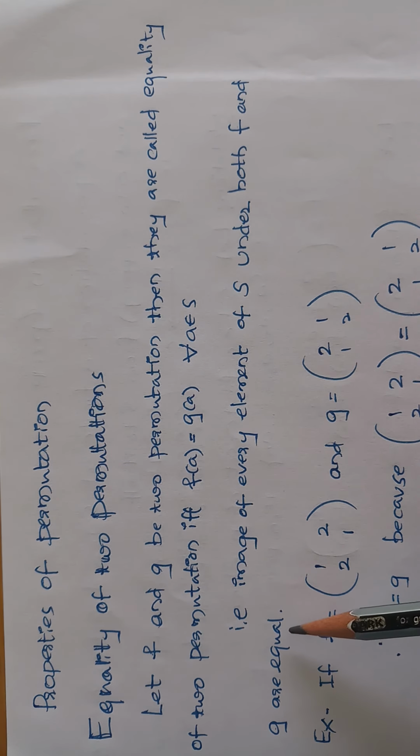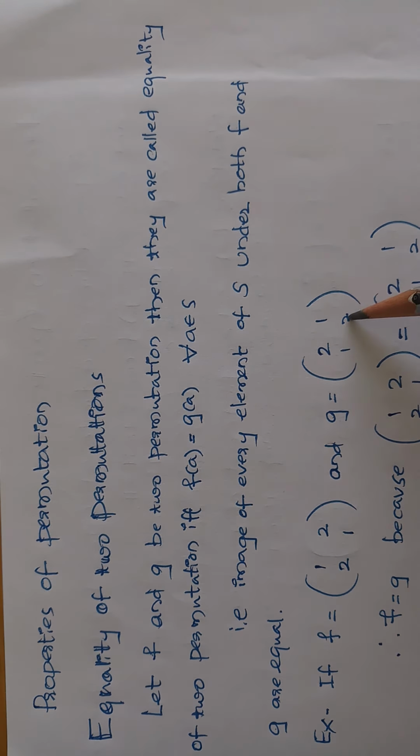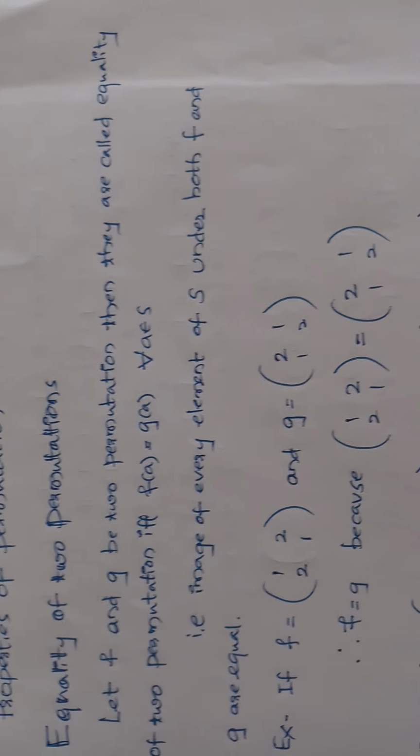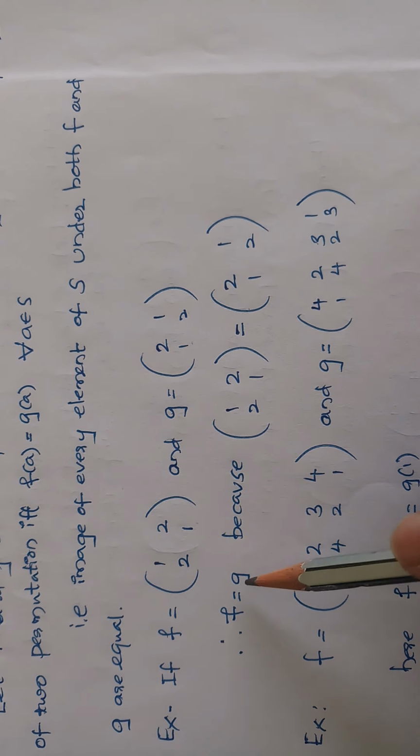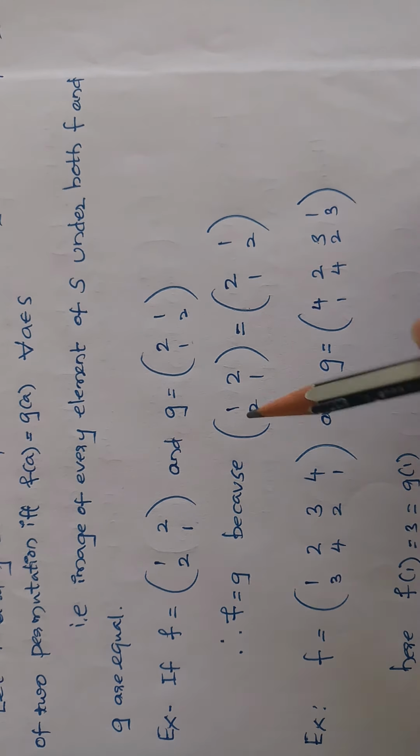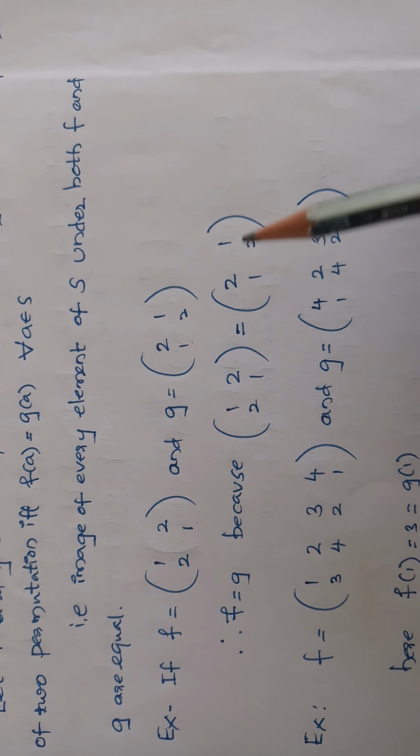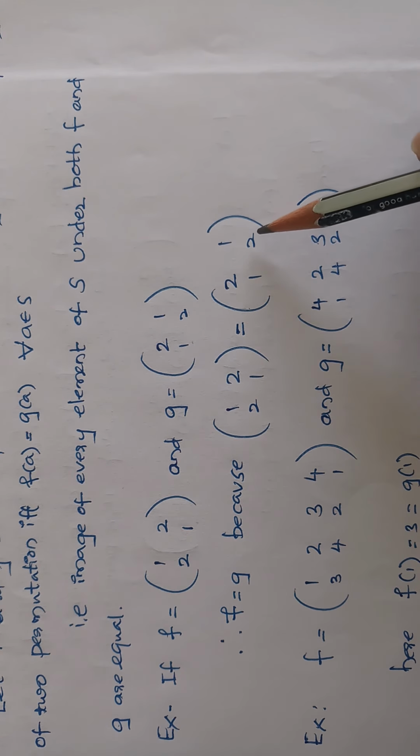Here I take an example: f is 1 goes to 2 and 2 goes to 1. Here g we take as 2 goes to 1 and 1 goes to 2. Those two are equal because 1 goes to 2 in both, and 2 goes to 1 in both. So we can write f is equal to g.